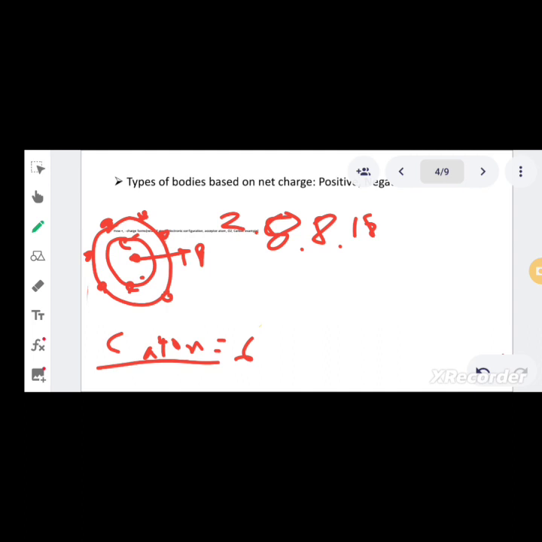Suppose it is able to accept 2 electrons, and now the number of electrons in the outer orbit is 8.